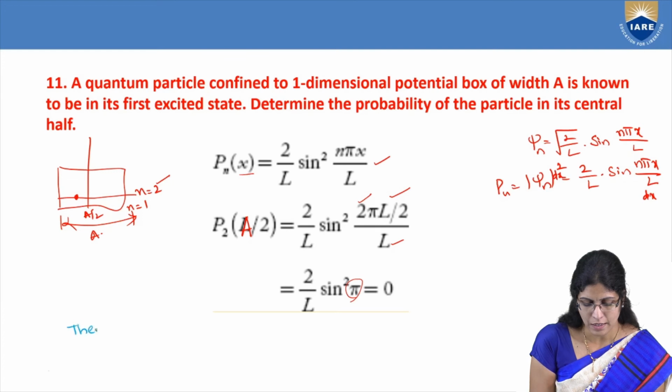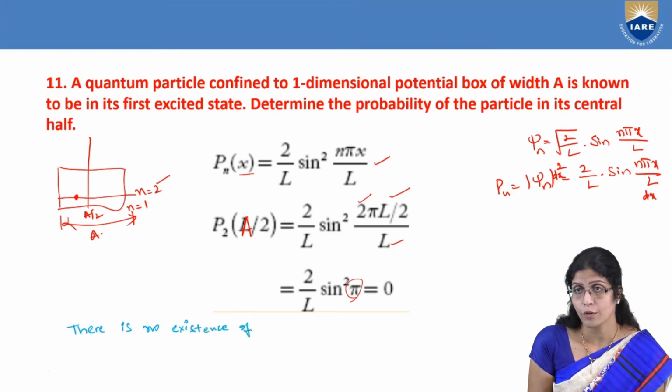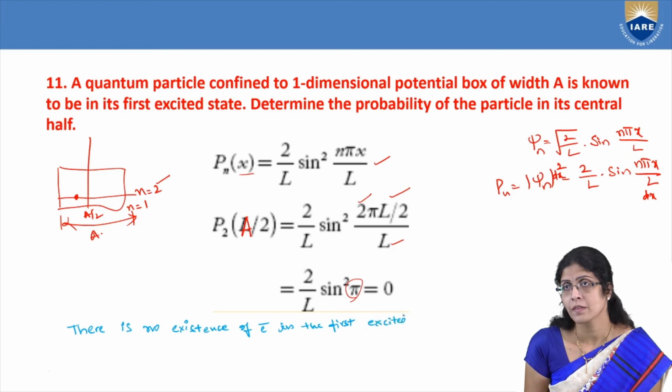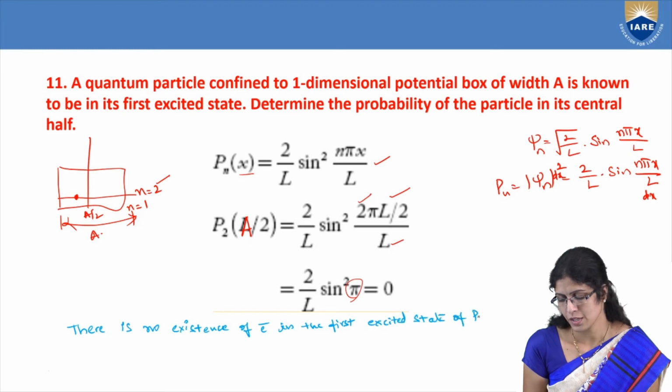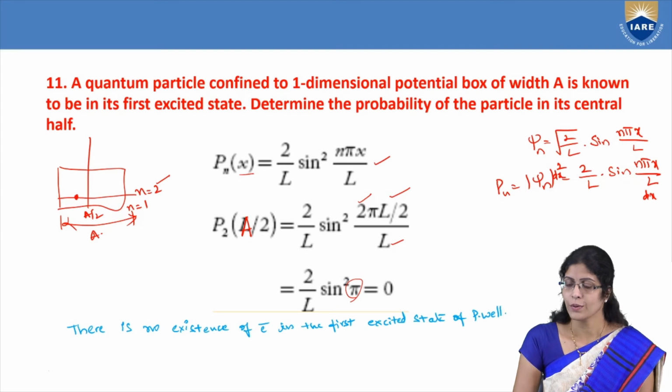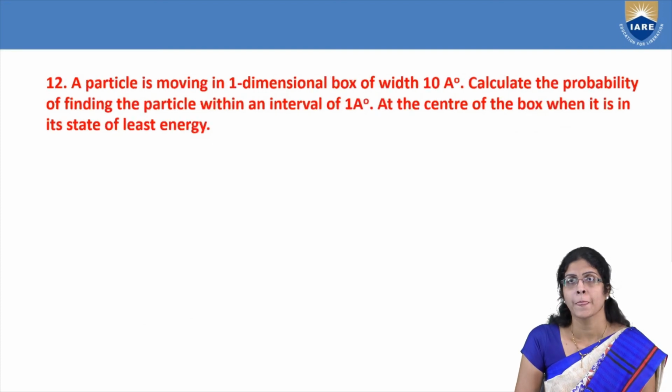So there is no existence of electron in the first excited state of potential well. Okay, this is how you have to write.